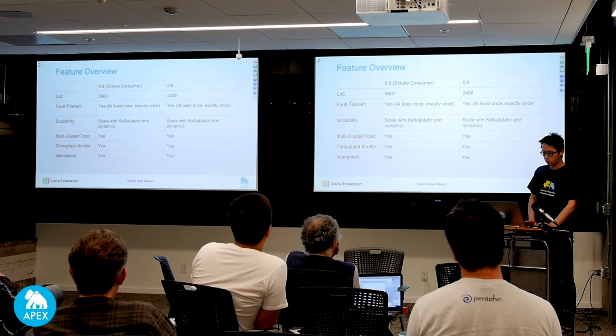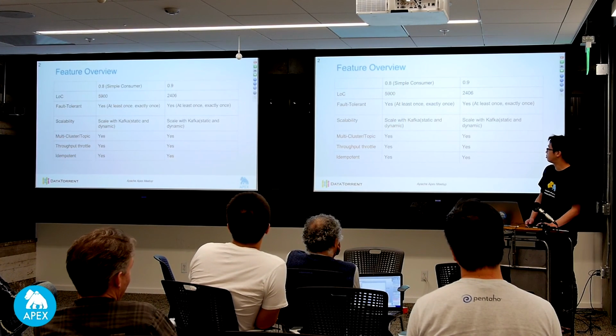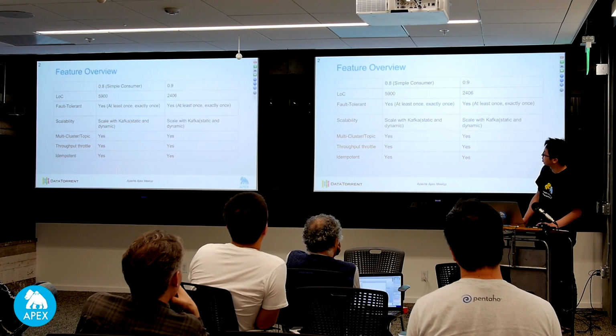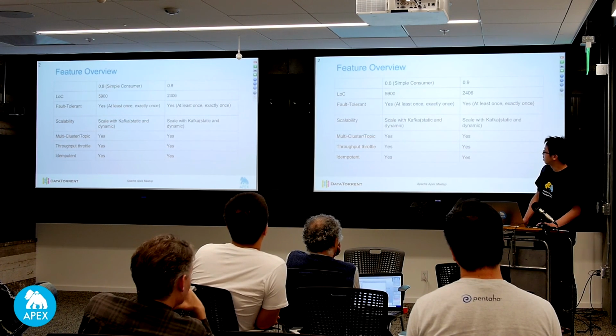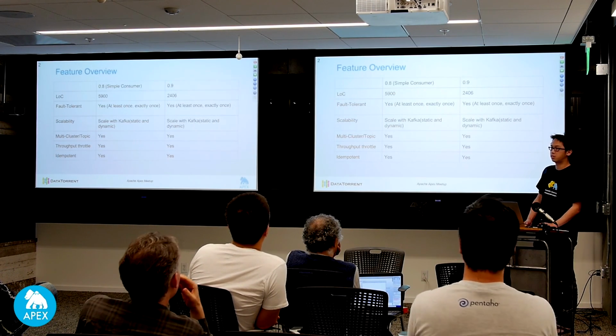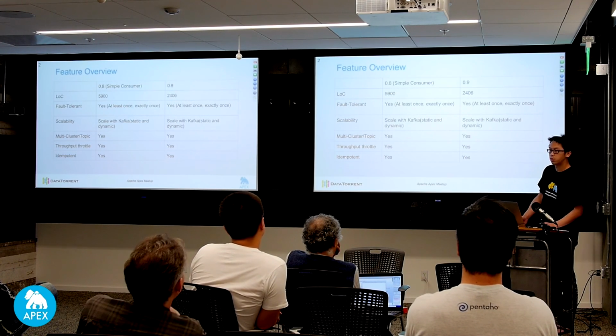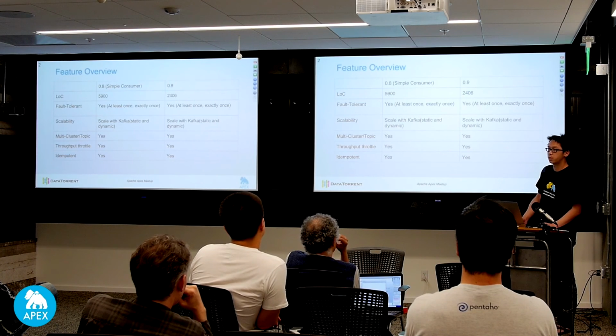So next, let's look at the features of the Kafka input operator. Both the old one and the new one have almost similar features. They are both fault tolerant. They are both scalable. They can scale up and down with Kafka partitions, and they both support multi-cluster and multi-topics.